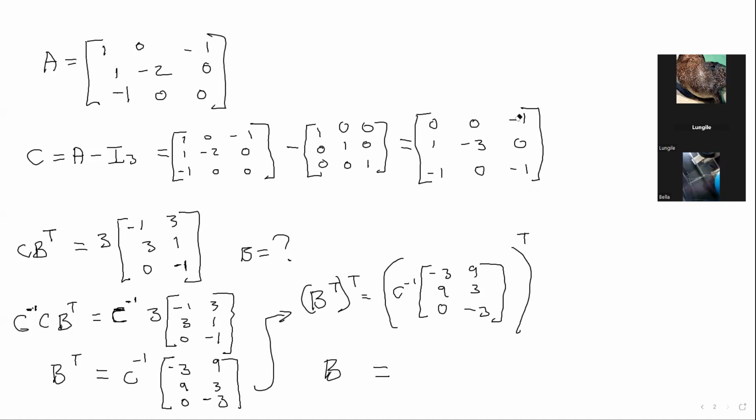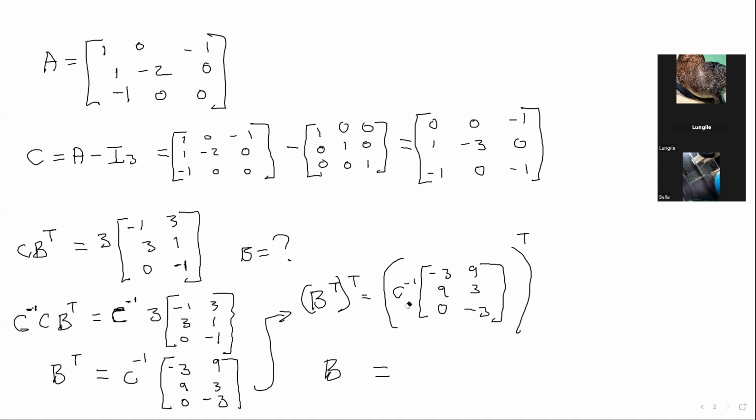You still remember how to find an inverse, right? 3 by 3. How do you find an inverse? It's very easy, right? You just have to find the inverse, basically.